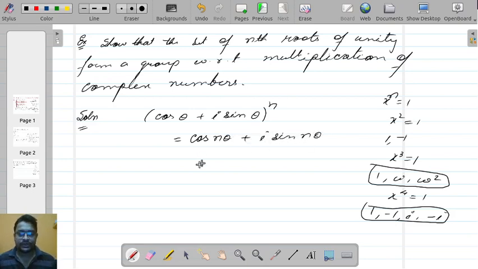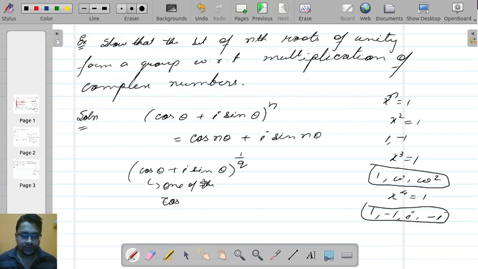And if n is a rational number, say 1 by q, that is the qth root of this, then one of the values is cos theta by q plus i sin theta by q.